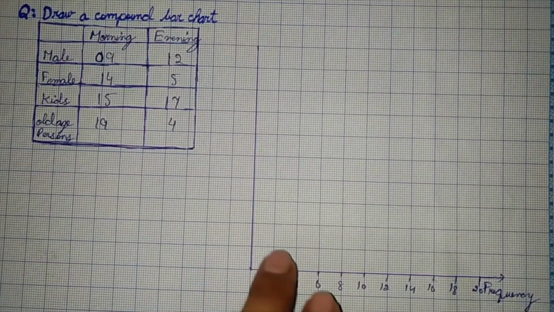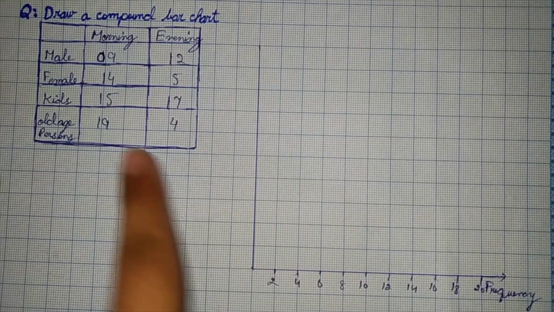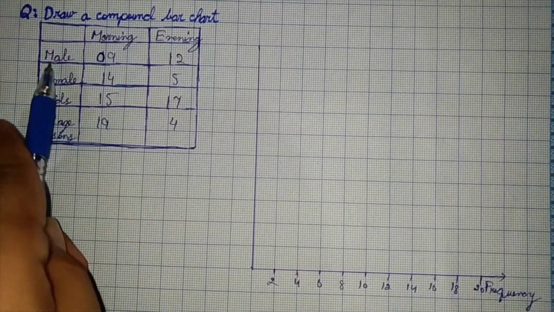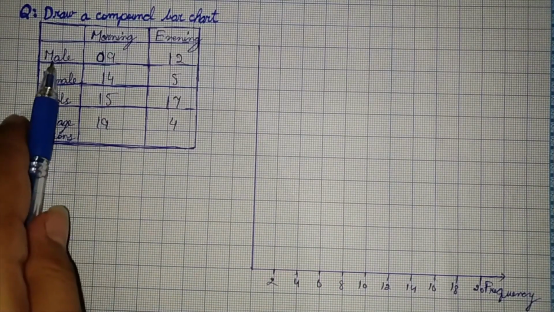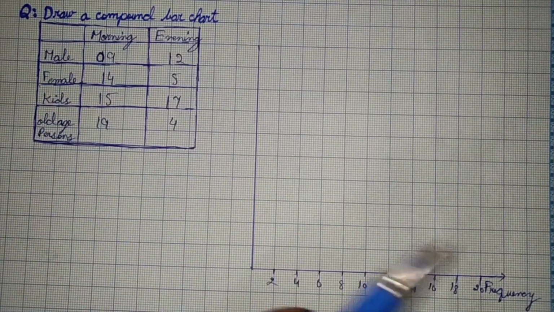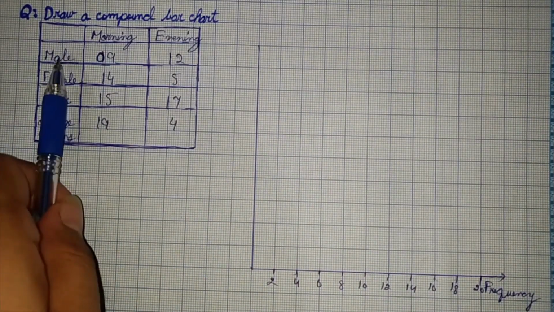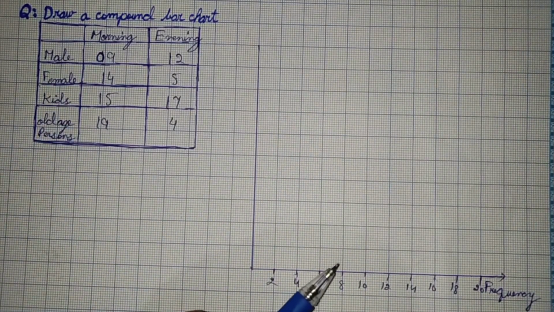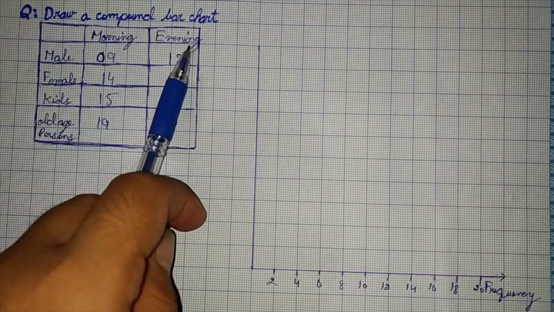Here we will compare the bars. For a single type of data, let's say males, we have to draw 2 bars, because we are going to compare the morning and the evening.